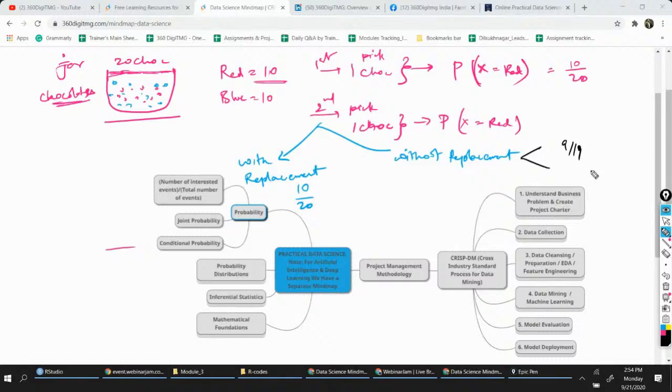But what if the first pick was a blue chocolate?